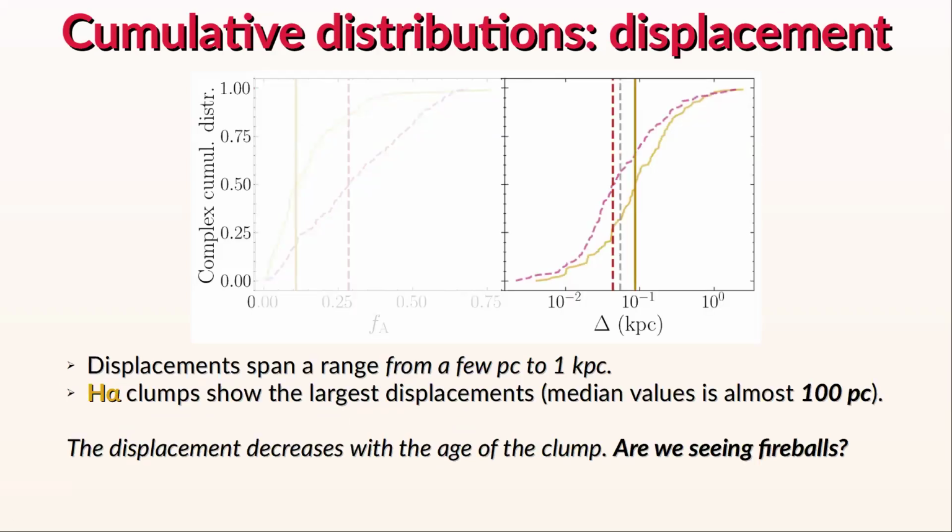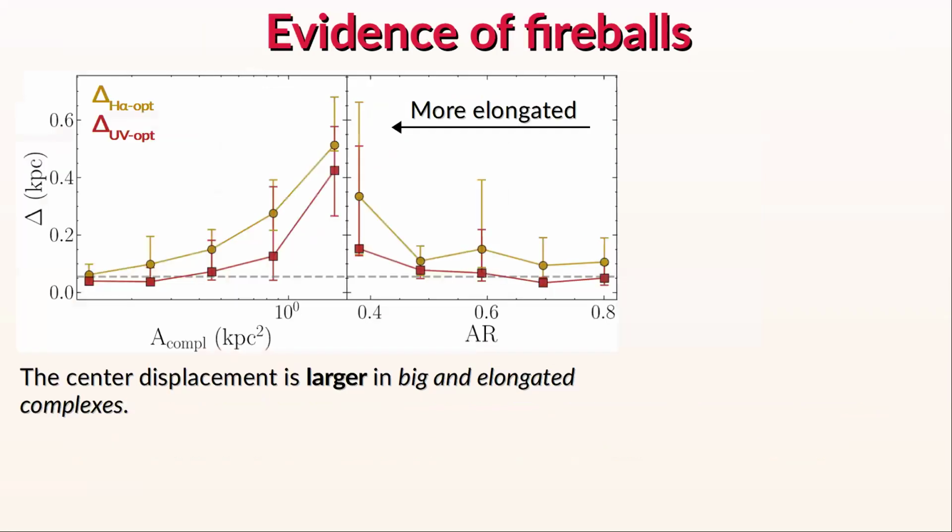And also in the displacement, as expected, the H-alpha clumps are characterized by a larger displacement than the UV clumps, about 100 parsecs as a median value. And again, this is expected, but to have confirmation of the presence of fireballs, we studied the correlation of the displacement with the area of the complex and the axial ratio, with elongated complexes on the left.